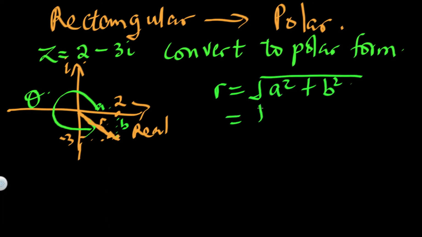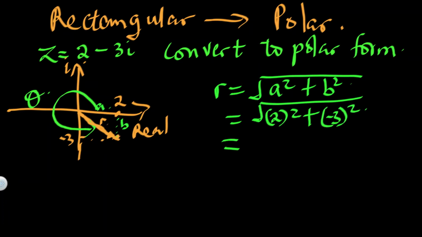In our case, this is the root of 2 squared plus minus 3 squared, which is the root of 4 plus 9, that is the root of 13. So root 13 is our R. Done.